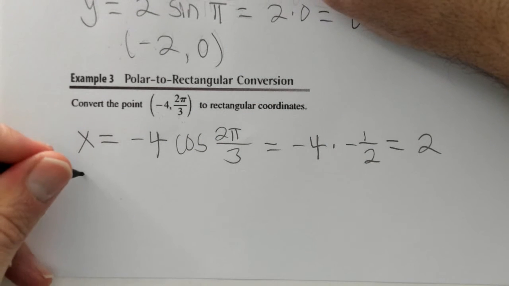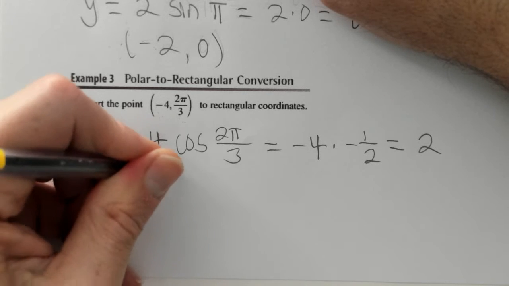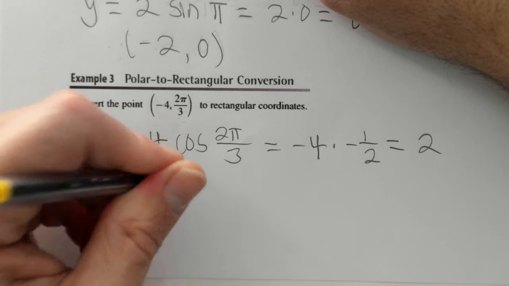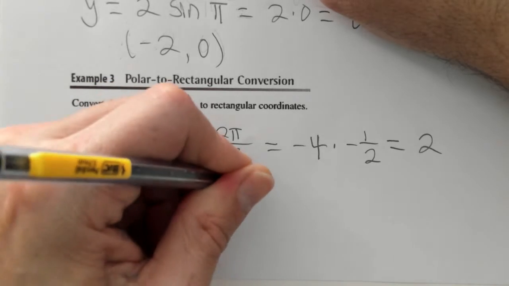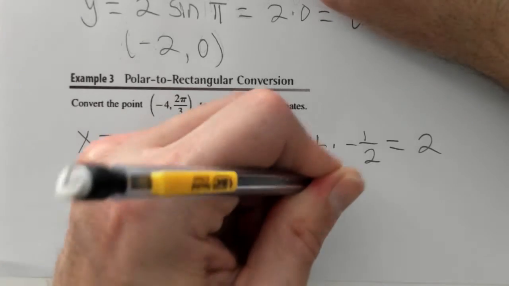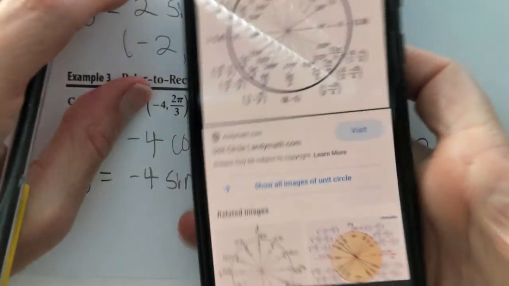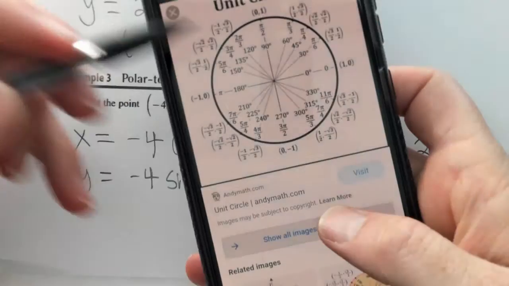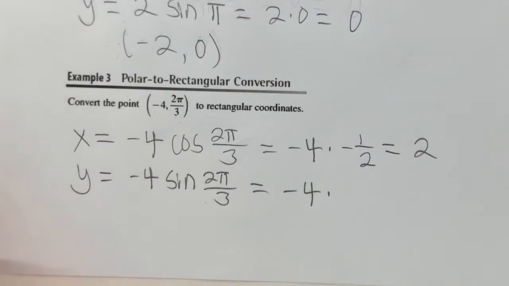Let's do the y side of it now. So that's going to be -4 times the sine of 2 pi over 3. Now we need to see what the sine of 2 pi over 3 is. So we'll go to the same angle, and we can see that the sine, the y coordinate, is square root of 3 over 2.